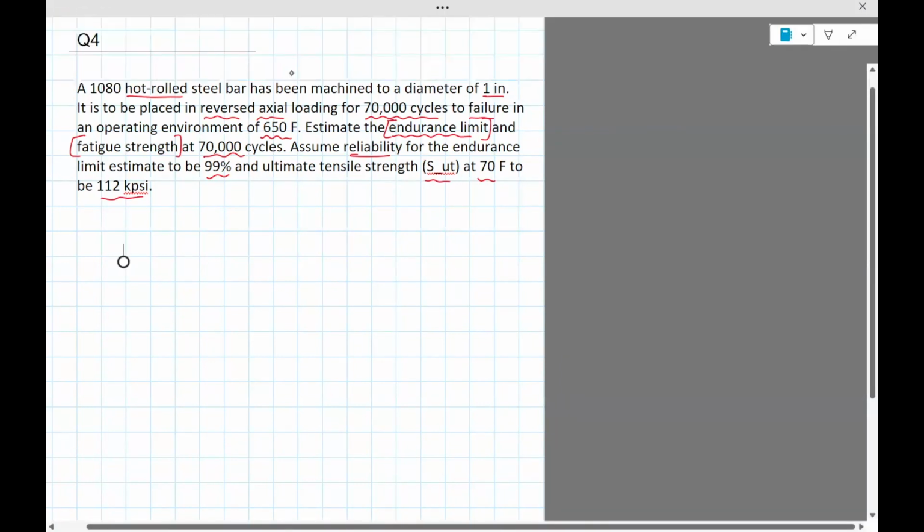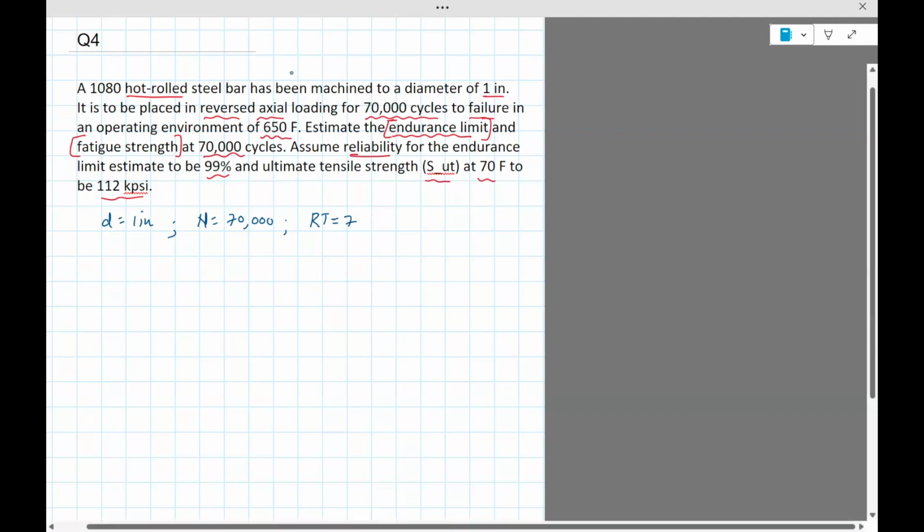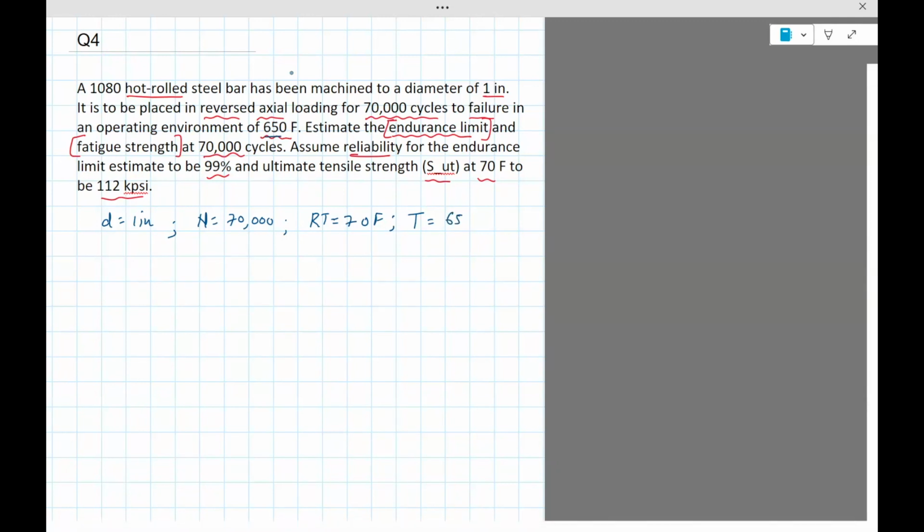So we can write down everything we know. The diameter is 1 inch. We know that the cycles are 70,000. We know that the room temperature is 70 Fahrenheit. We know that the operating temperature is 650 Fahrenheit.